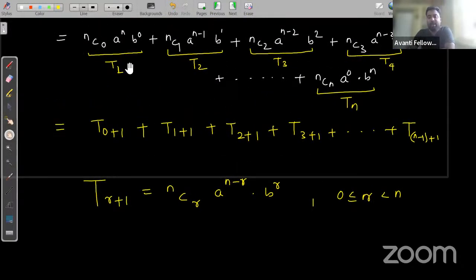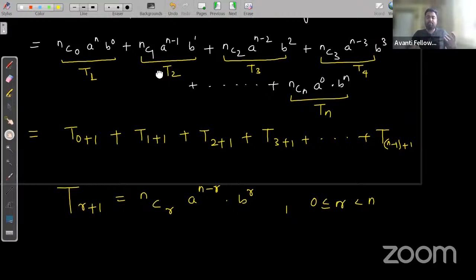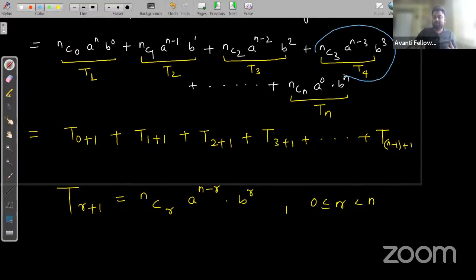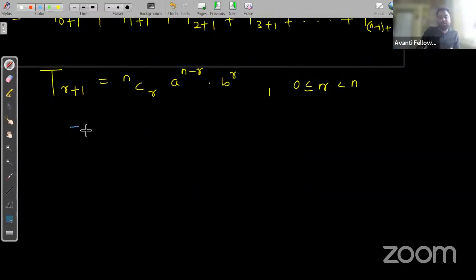See, why am I writing t(r plus 1)? Because if you are asked to find the fourth term of the binomial expansion (a plus b) to the power n, then this will be your fourth term, yes or no? So t(r plus 1), where, suppose I am asking here, find t4.